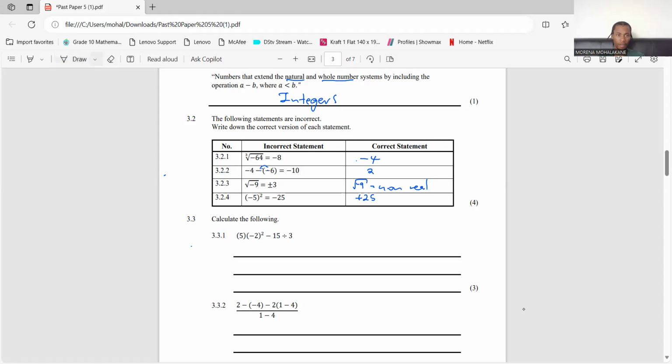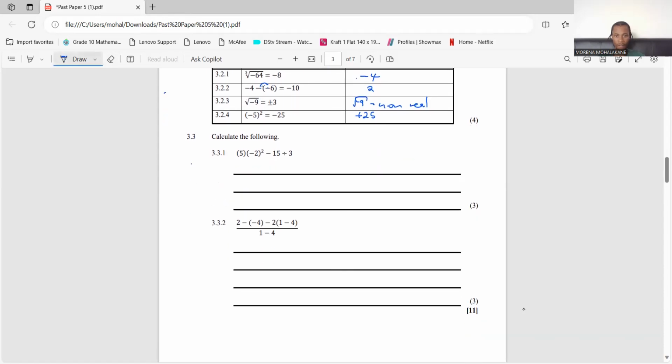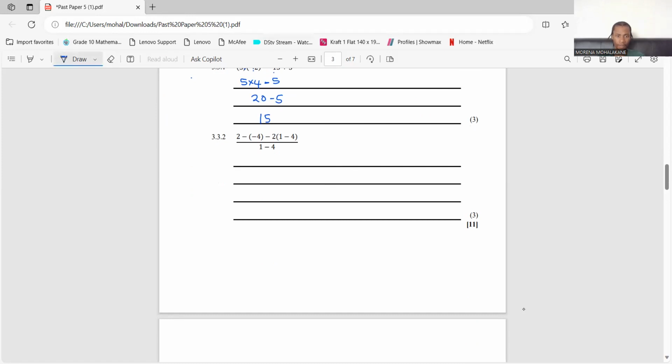Good. And then getting to the next question, calculate the following. (-2) squared is going to give me a 4. 4 times 5 is 20. So I'm going to have 5 times 4 minus 15 divided by 3, which gives me 5. So I have 20 minus 5, which gives me 15. Then, again, I know negative times negative is a positive.